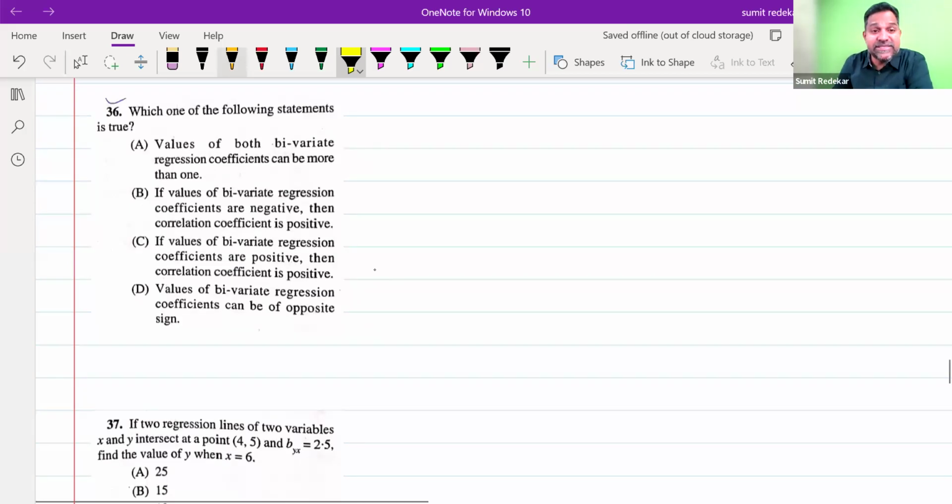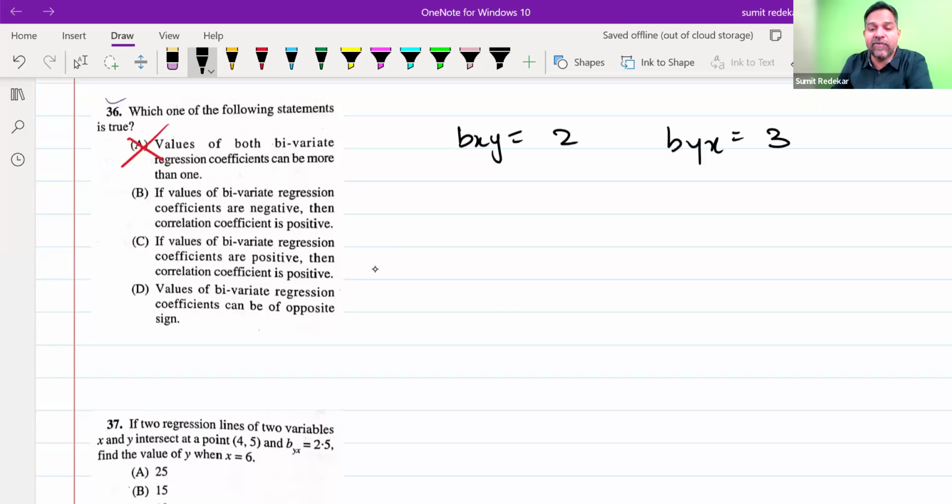Moving on to question number 36. Which one of the following statements is true? Values of both bivariate regression coefficients can be more than 1? No. Why? If bxy is more than 1, let's say 2, and byx is also more than 1, let's say 3, the value of r will be the positive or the negative square root of bxy into byx.